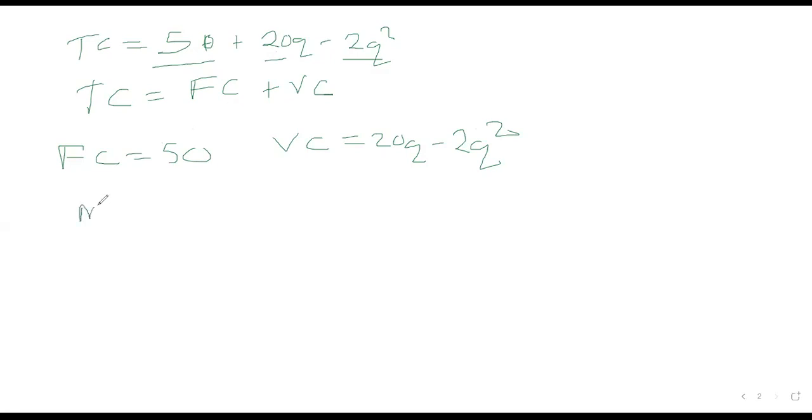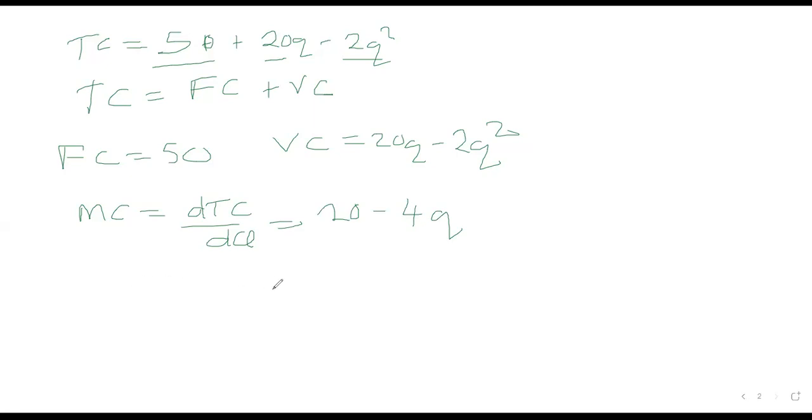So to find our marginal cost, we simply differentiate our total cost with respect to quantity. 50 is 0. 20Q is 20. 2Q squared becomes 4Q. To maximize, we only maximize revenue and profit.